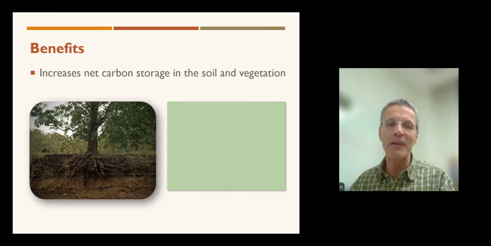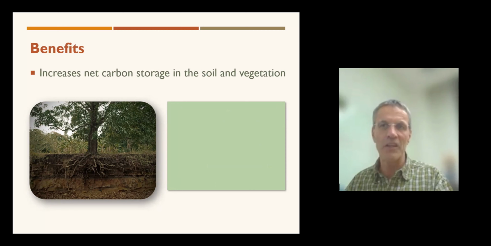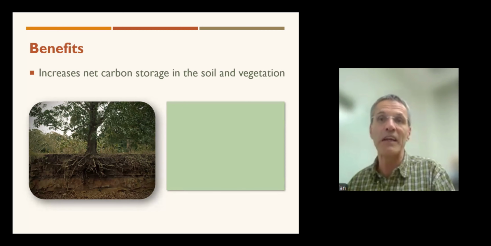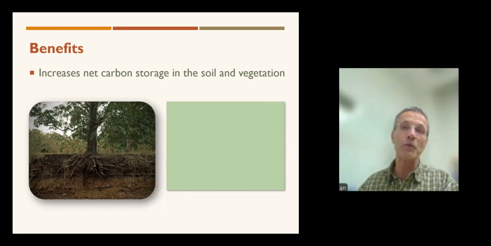Whenever you include any kind of woody plant, you always increase carbon storage in the soil, because you create a large and deep root system, and automatically in this tissue you have carbon stored. It's mostly carbon that's contained in these roots. The same is true for the trunk of the shrub or the tree.